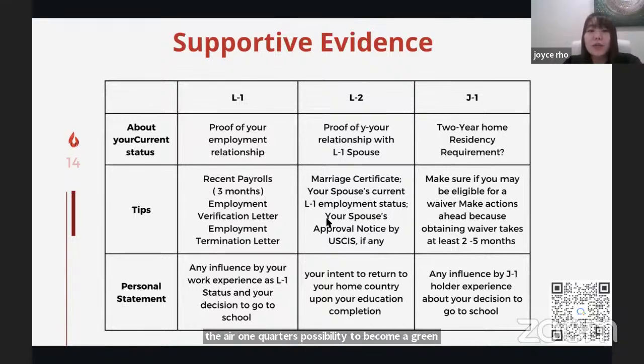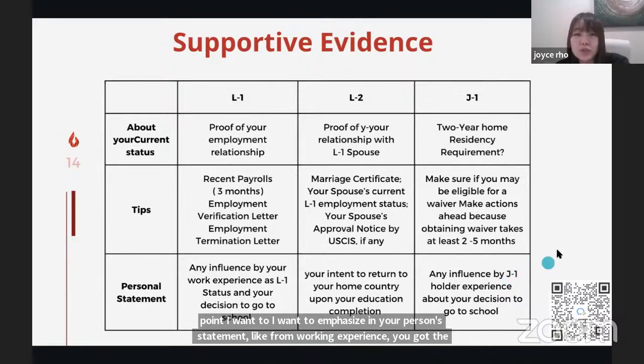So if you can think of a good reason why you are studying in the United States, that should be included in your personal statement. For example, while you're working as an L-1 status holder, you got some idea of what skill makes you feel professional and growing, improving. That point I want you to emphasize in your personal statement. From your working experience, you got the passion for your future education. That's the key that you have to emphasize.